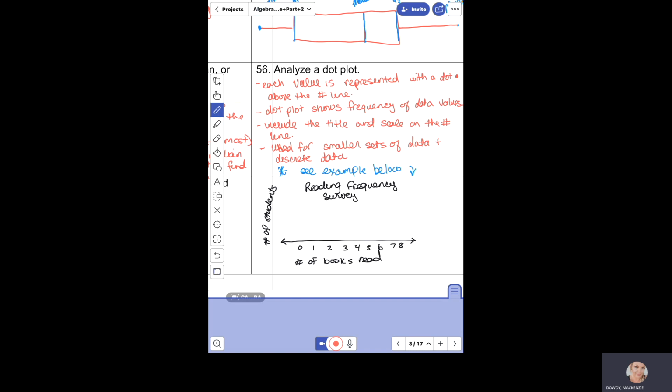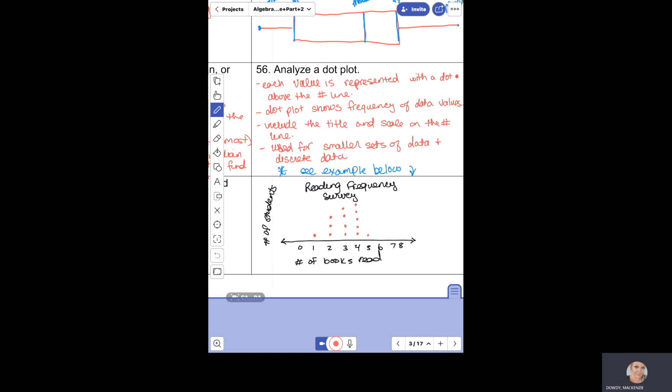Okay, so we have 0 students read 0 books, so I'm not going to put a dot there. We have 1 student read 1 book. I've got 3 students that read 2 books, so I'm going to put 3 dots. I've got 4 students that read 3 books. I've got 5 students that read 4 books.